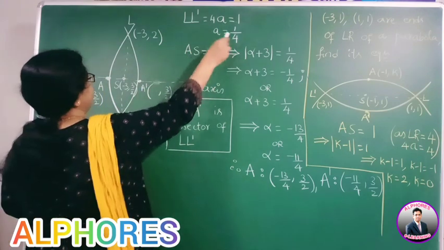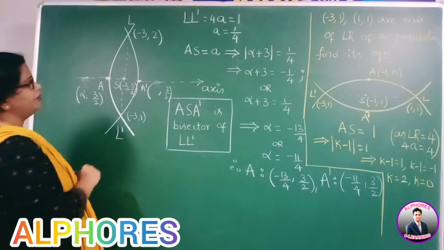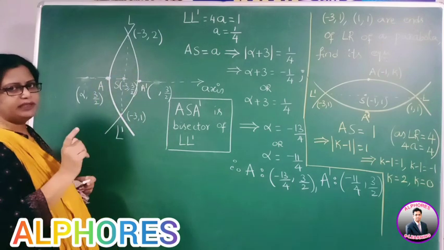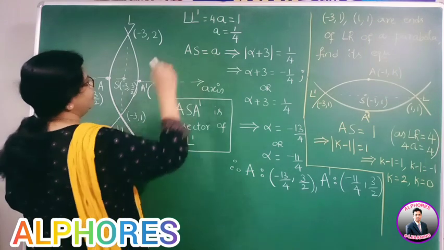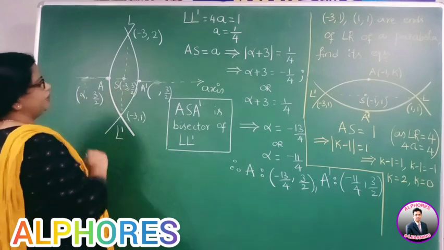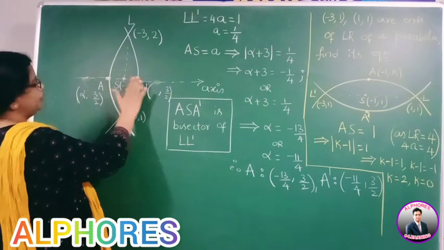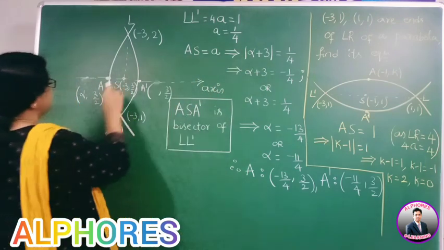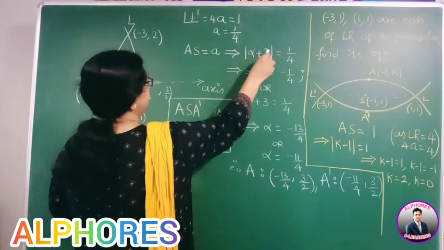The distance between focus and vertex is always 1/4 of the latus rectum, that is a. Thereby, for the point (alpha, 3/2) and focus (-3, 3/2), we get mod of alpha plus 3, which is the distance between A and S, equal to 1/4.